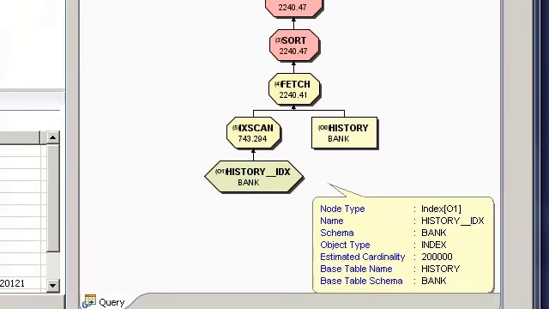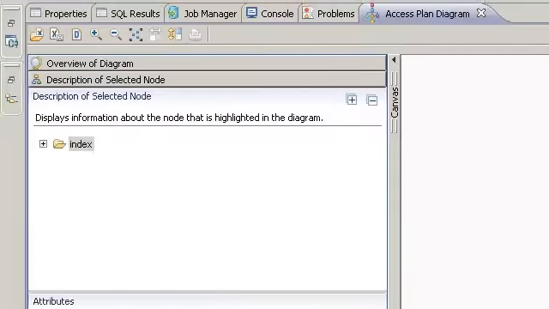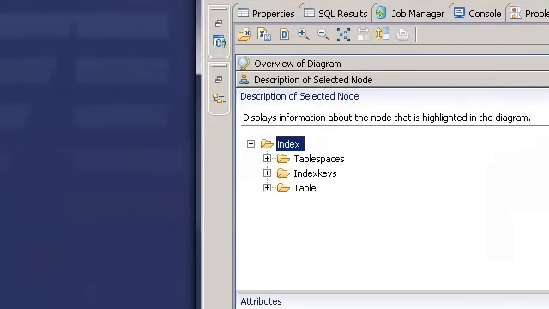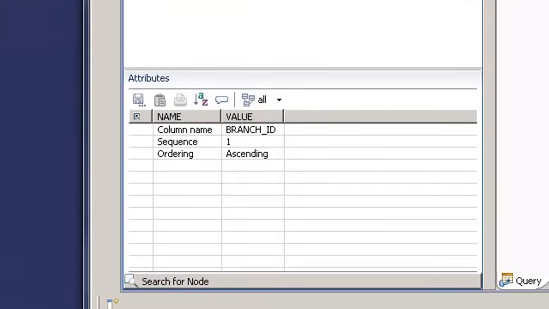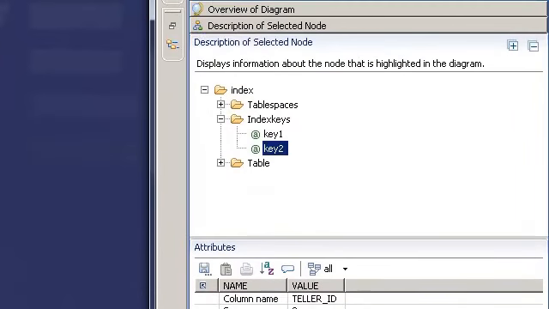We'll start here looking at the index that was chosen. Over here on the left, we have information about the index. The index was defined with 2 key columns, the first column being branch ID, second column being teller ID.